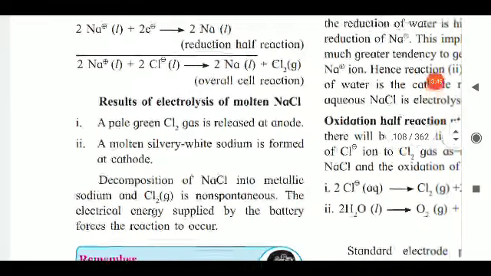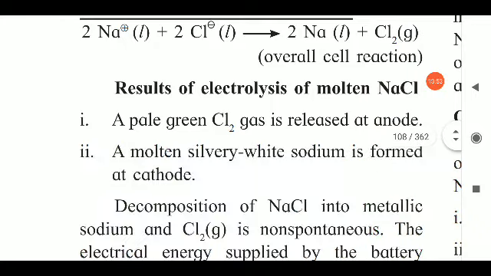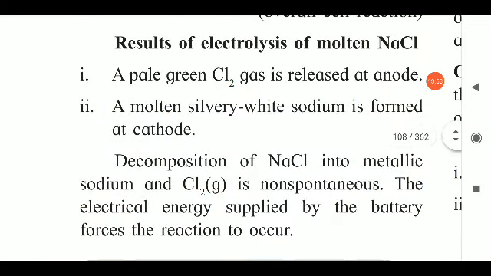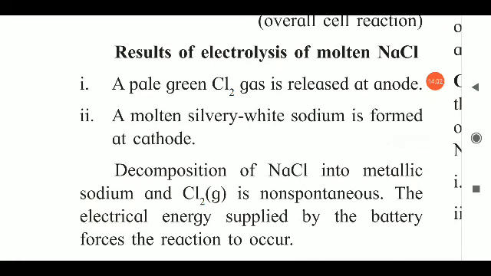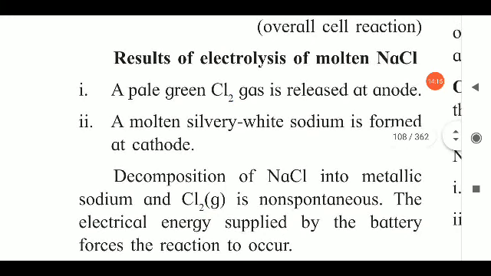Now students, this is all about the working and the reactions taking place at both electrodes. But what is the result of all these processes? Now we are going to look at that in detail. The first result of the electrolysis of molten NaCl is that pale green Cl2 gas is released at the anode. We have seen how Cl2 gas is formed in the reaction.